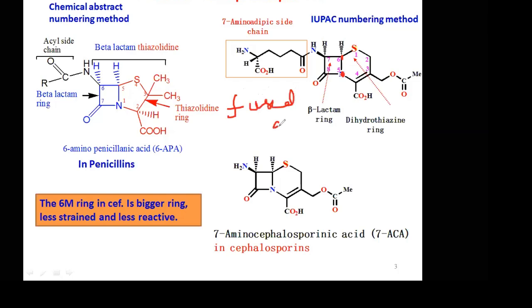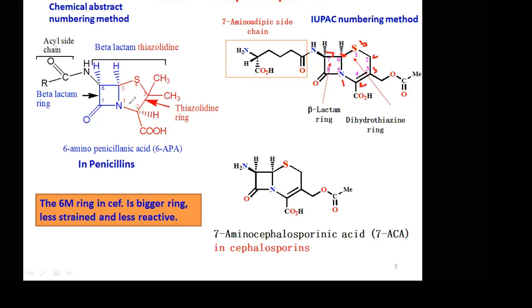Suppose in this, the fused atoms are carbon and nitrogen. The preference should be given to nitrogen over carbon because it's a heteroatom. Carbon is not a heteroatom. So even if you start the numbering, it still becomes 1, 2, 3, 4, 5, 6, 7. So both ways of numbering are correct.